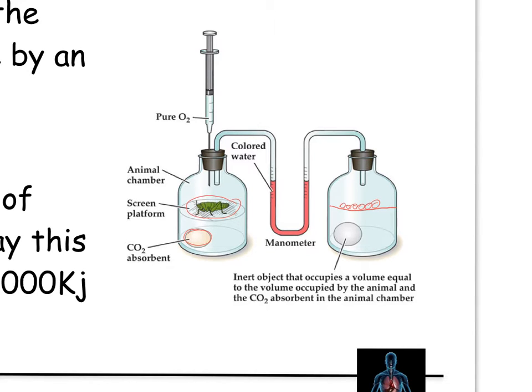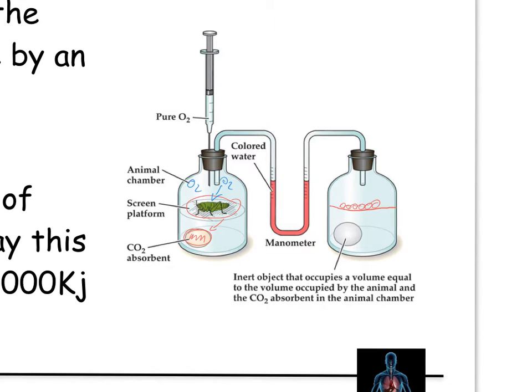Now the idea behind this is that the oxygen that is put in, that's in here, and you'll see that some gets injected into here. The oxygen gets used up by the respiring tissues of the insect, and as that happens, carbon dioxide is produced and it is absorbed into here.